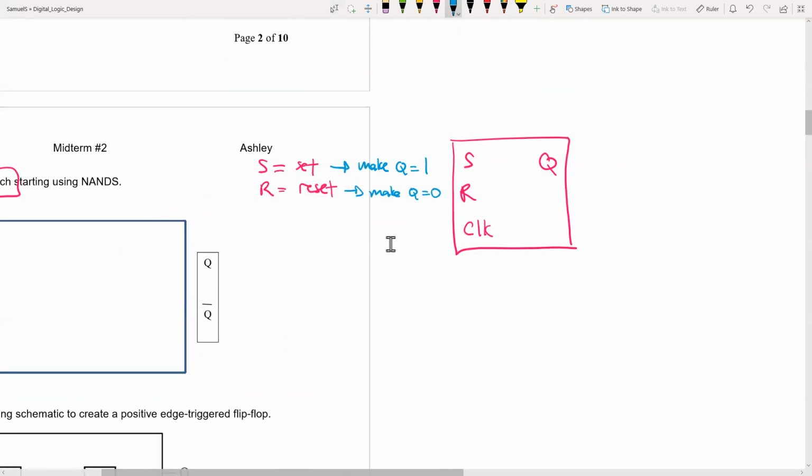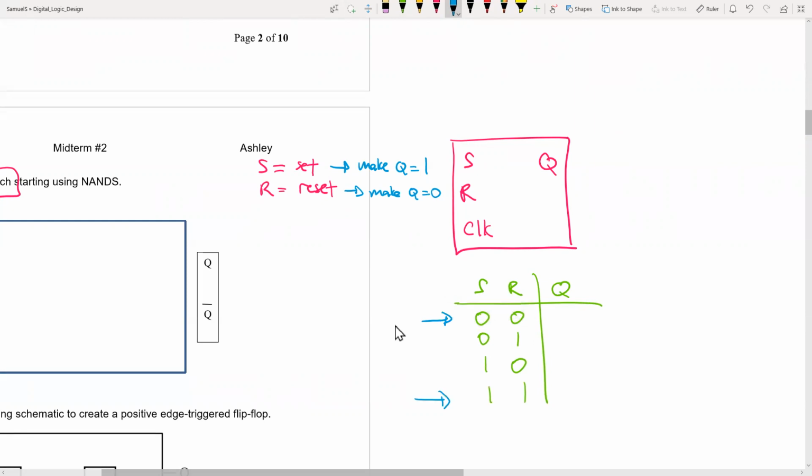Let's write out a truth table now, because that's what actually matters to us. So we ignore the clock. We know that the clock is just acting like an enable, so we don't have to put it in the truth table. Let's just look at SR and what their effects are on Q. So again, with 2 inputs, we know that we can have a total of 4 input combinations. So let's ignore the first one for now.